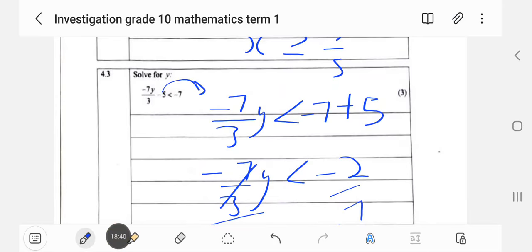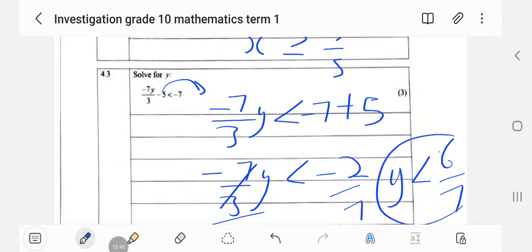Notice I've used the division sign because some students will make a mistake when they use the fraction sign. So we have 6 over 7. So we have y less than 6 over 7. This is our answer.